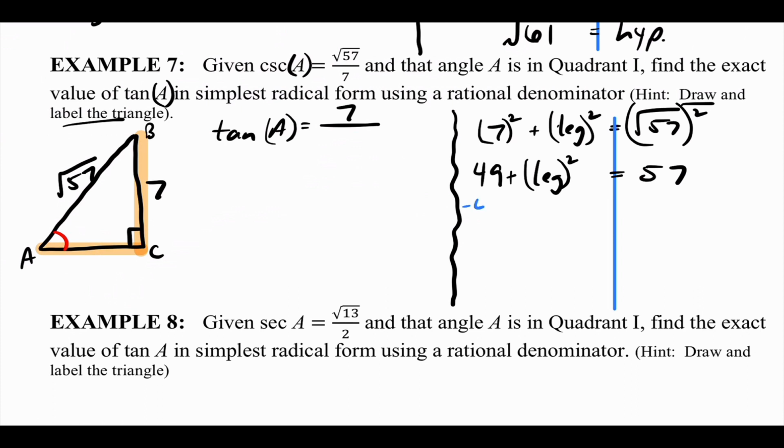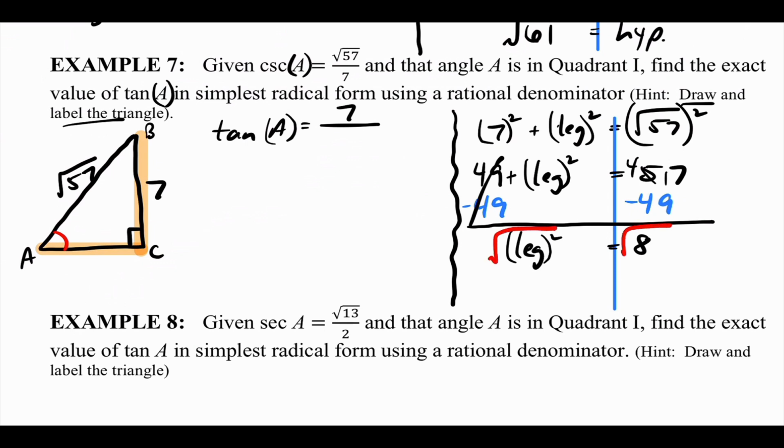Subtract 49 from both sides. I get positive 8. Take the square root of 8.